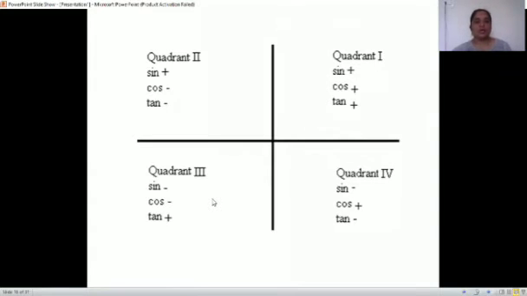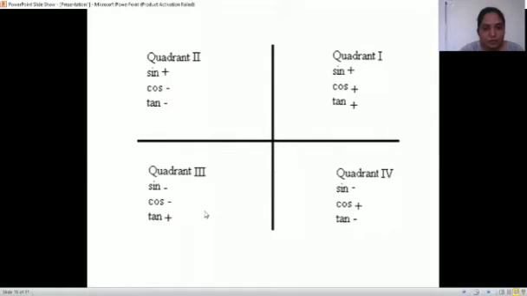What will be the value of sine 5 pi by 4? First of all, as we have pi plus pi by 4, we have taken this axis, and along this axis sine is sine and cos is cos. So sine will remain sine.